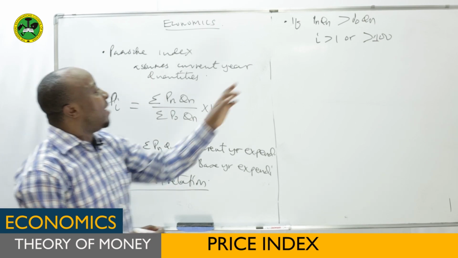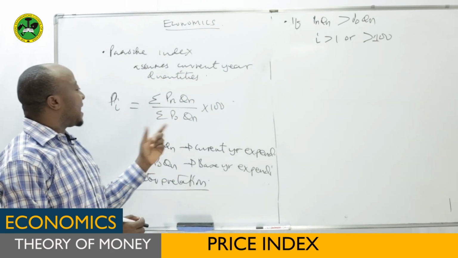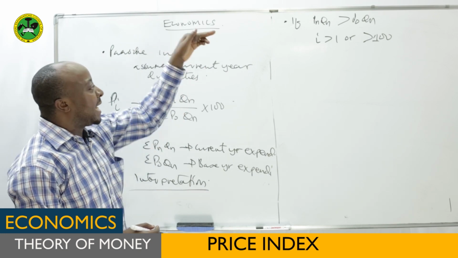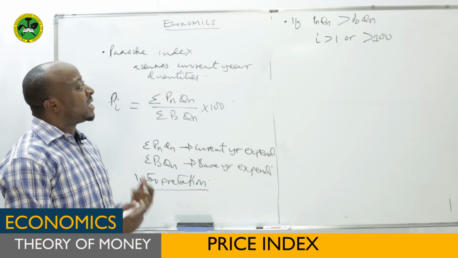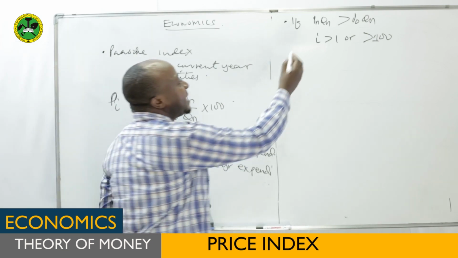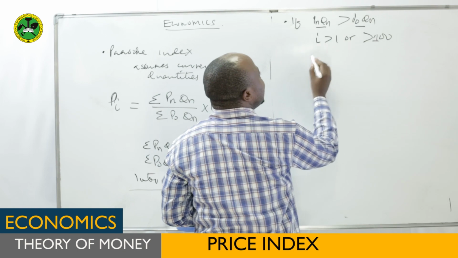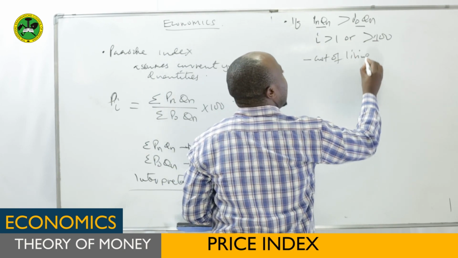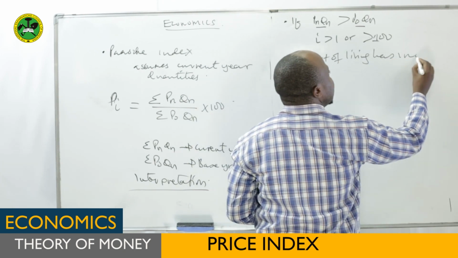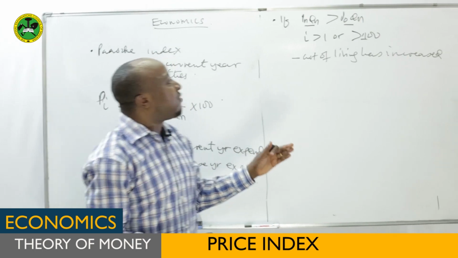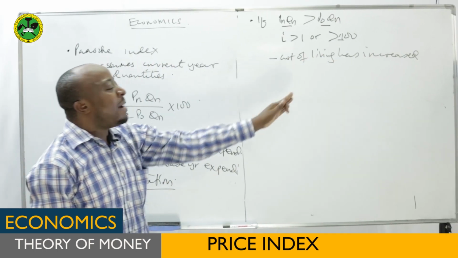Now for that case, if the numerator is greater than the denominator, meaning the current year expenditure is greater than the base year expenditure, what do we mean? It means the cost of living has increased, because this is the current year expenditure and it is greater than this. Now, by how much has it increased from 100?